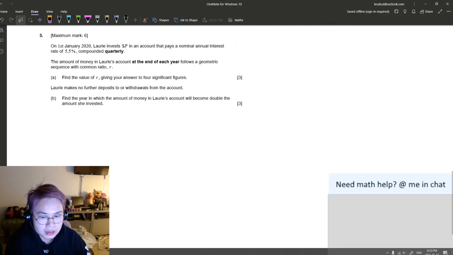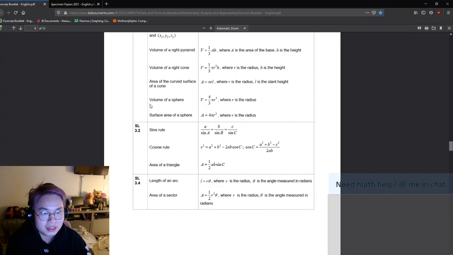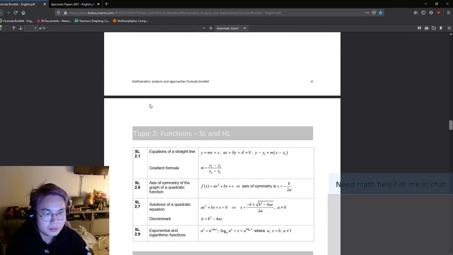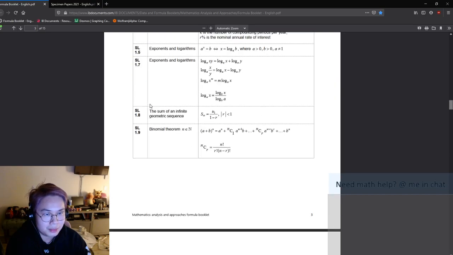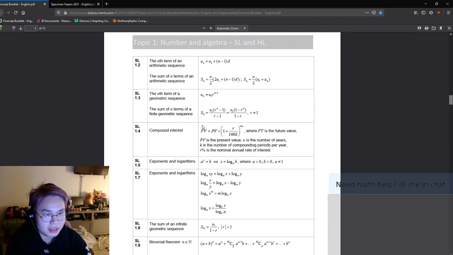We can use a formula for compound interest. So go up to your topic 1, and here it is. Future value is present value times 1 plus the annual interest rate, divided by 100 times the compounding periods, times n for however many years you're investing this.